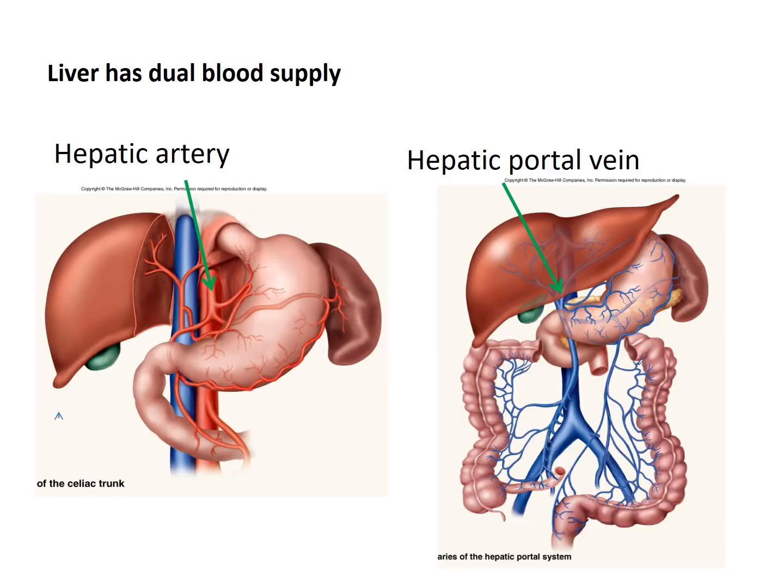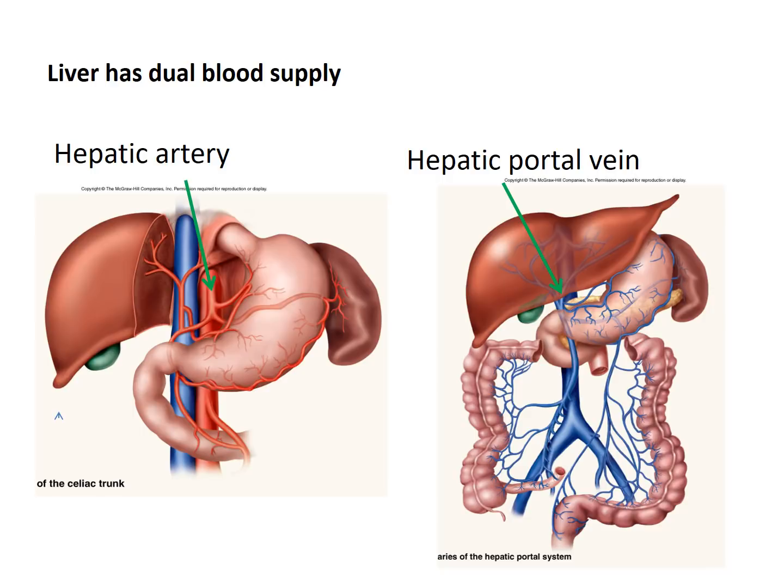The liver, interestingly, has a dual blood supply. So one form of blood flow into the liver is from the hepatic artery, bringing in oxygenated blood. That hepatic artery is a branch off of the dorsal aorta. The second vessel bringing blood into the liver is the hepatic portal vein. And the portal vein brings the venous drainage from the stomach, small bowel, and the large bowel to the sigmoid colon back to the liver.